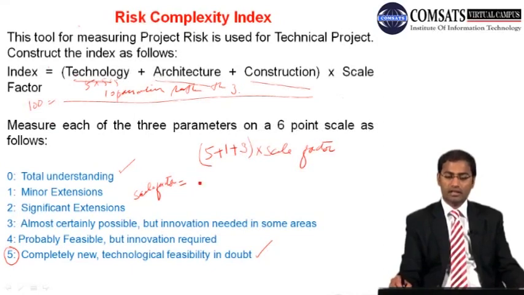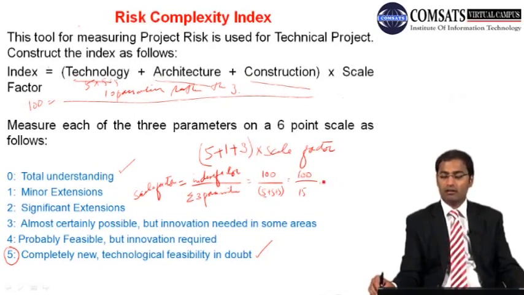So scale factor is index factor divided by the summation of 3 parameters. The index factor we have set 100, and the 3 parameters are 5 plus 5 plus 5, so it is 100 by 15, and that is 6 point something.